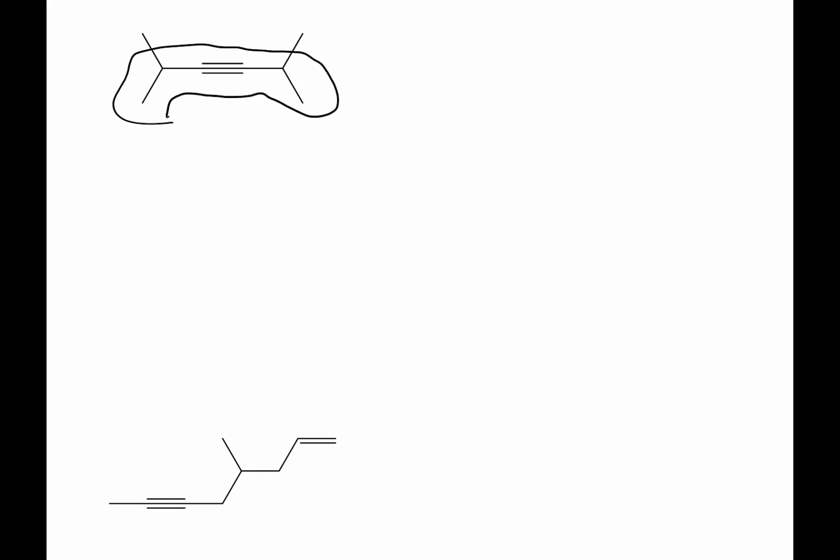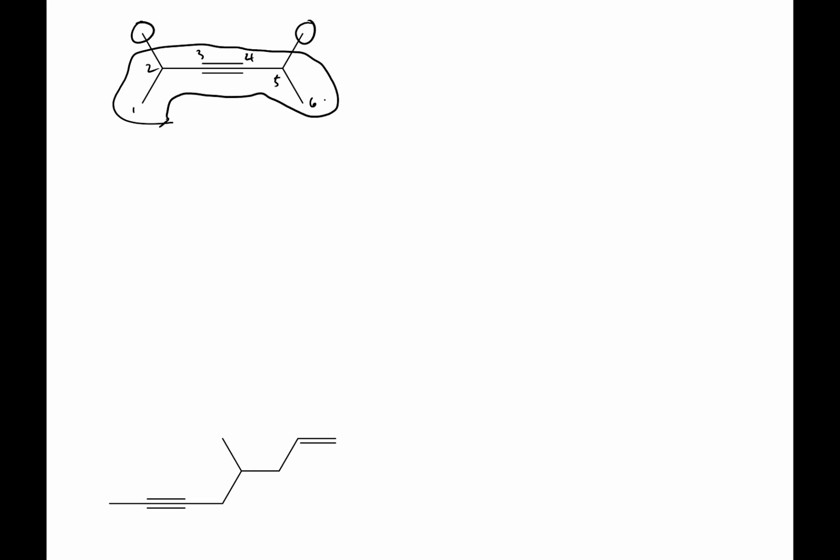They both contain the carbons of the alkyne. These are my substituents. And if you look at this one, it's symmetrical. It looks like a lobster. It really doesn't matter if I go from left to right, 3, 4, 5, 6, or from right to left. The numbering and the name end up being the same.